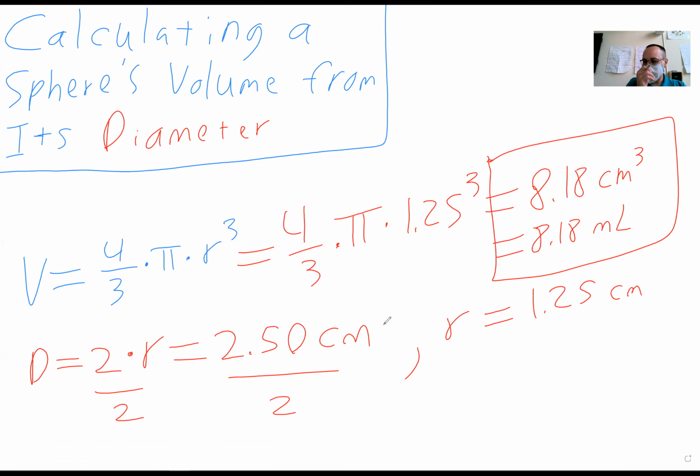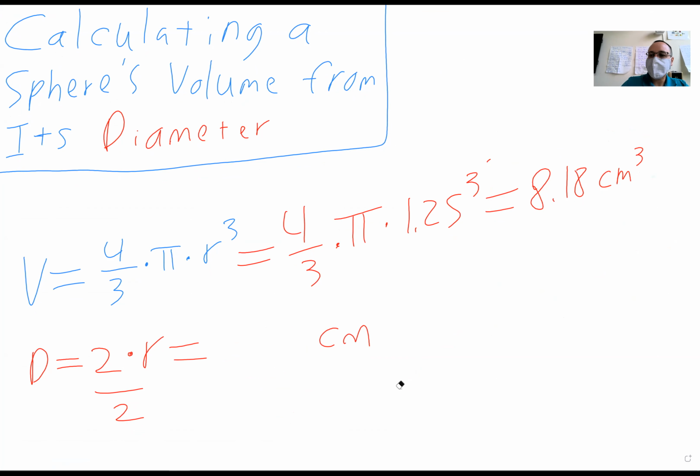This calculation is going to be very similar. I'm going to do some erasing here and we're going to go back through. It's a very, very similar calculation. So what we had was 2.44 centimeters is our diameter.